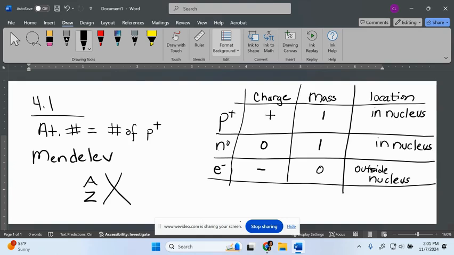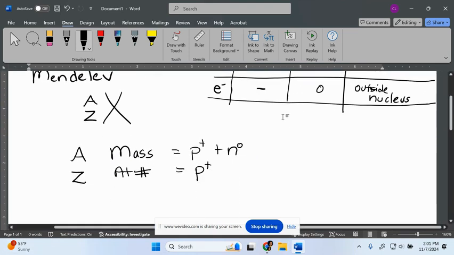Another question said the atomic mass is calculated by adding these two particles. The two particles you would need to add are proton and neutron. I would not accept atomic number and neutron. Why? It's not a particle, and it said the two particles.